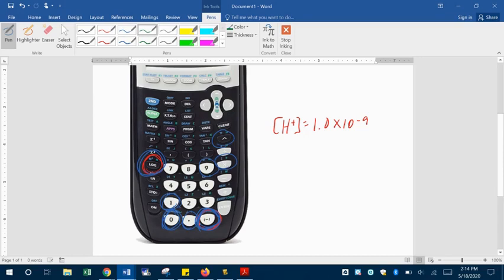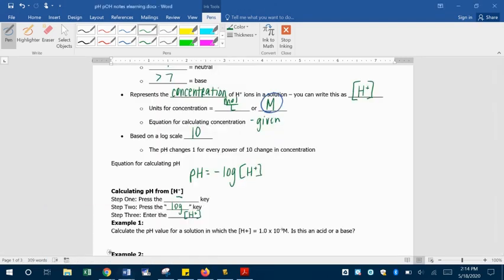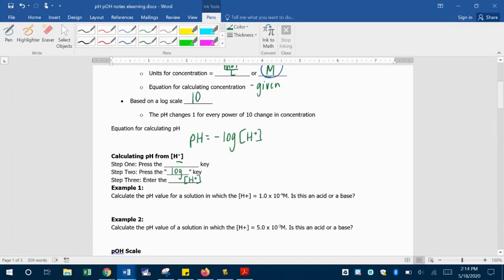You're going to do negative log 1.0 times 10 caret negative 9. And that here is our first example. So if you do that correctly, your calculator should tell you simply 9. So our pH of this solution is 9. Now, the next question is: is this an acid or a base? And because our pH is greater than 7, this solution would be a base.